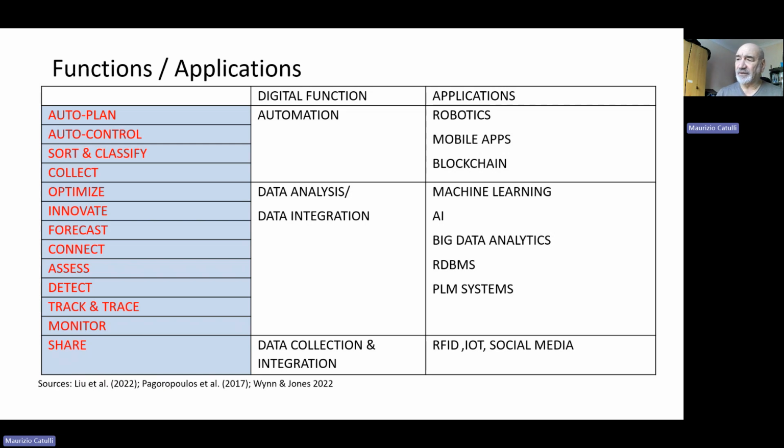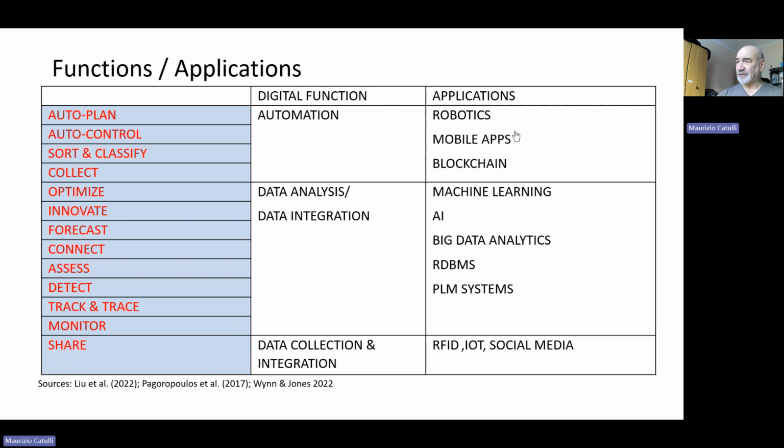Machine learning, big data analytics, another procedure in the digital activities, product lifecycle management systems, another one, and then you've got social media, RFID.